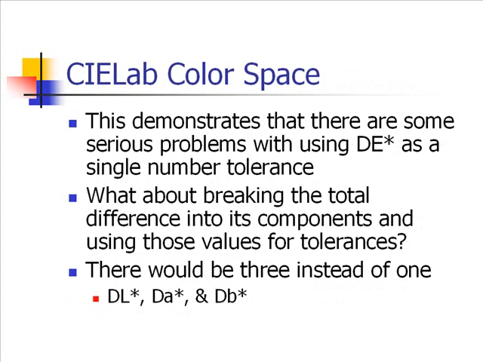So what about breaking the total difference into its components and using those values for tolerance? Let's look at it more closely. Instead of using one number, which doesn't really work very well and sometimes doesn't agree, let's look at the individual L, A and B numbers and see if maybe we can use that. It'll give us 3 numbers instead of 1, but maybe it'll be more accurate.